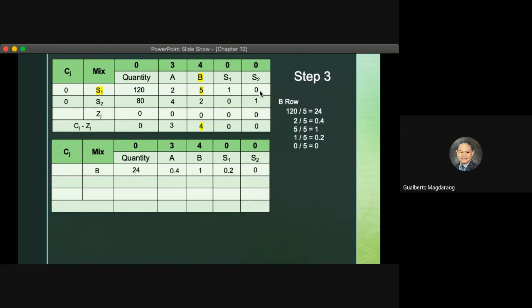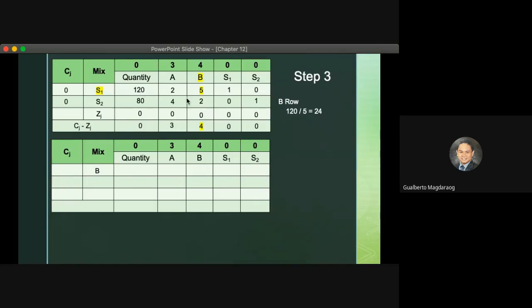And then copy the contribution margin of B column. And that is 4 dito. Okay? Ulit. How are we going to get the value of B under the quantity column?